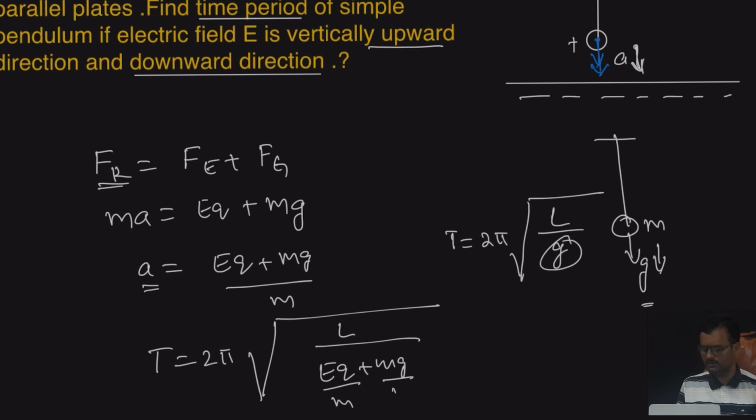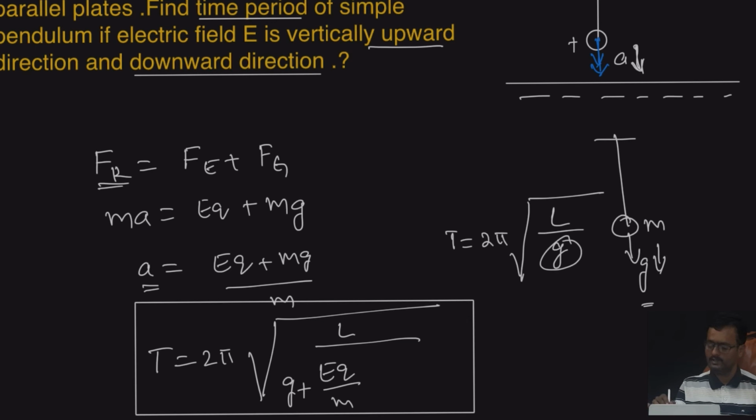M is divided into both terms, then the m's cancel. So this is g plus EQ by m. Electrostatic force is in the downward direction, then we get the time period formula as this one.